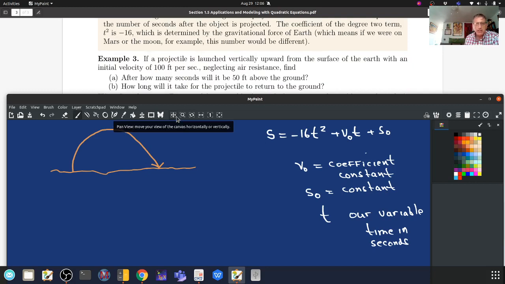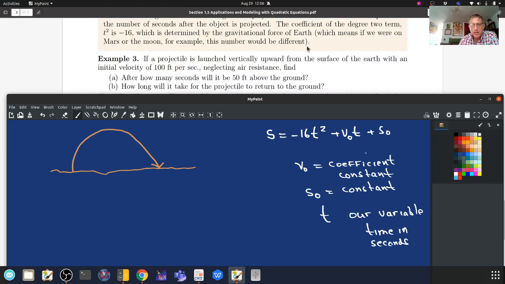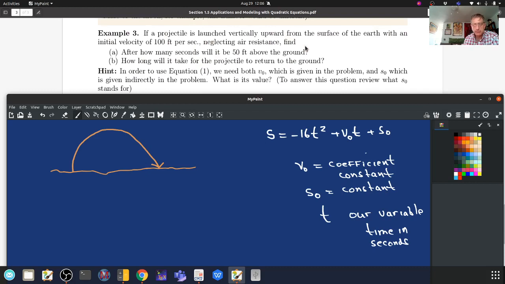So if a projectile is launched vertically upward from the surface of the Earth, s naught is the initial height of the projectile. And the initial height is measured from the surface of the Earth.